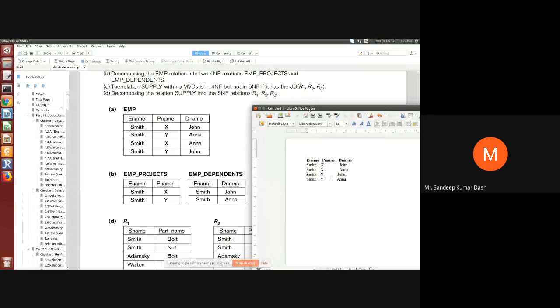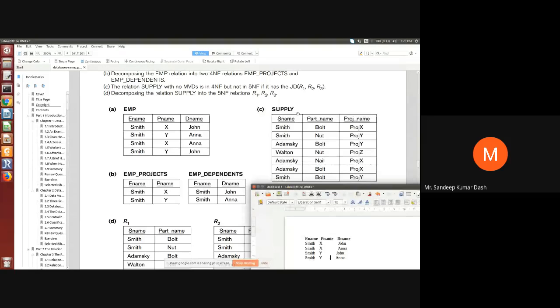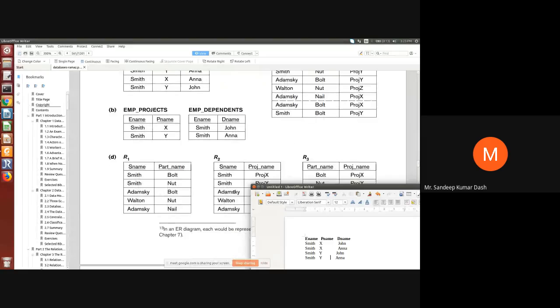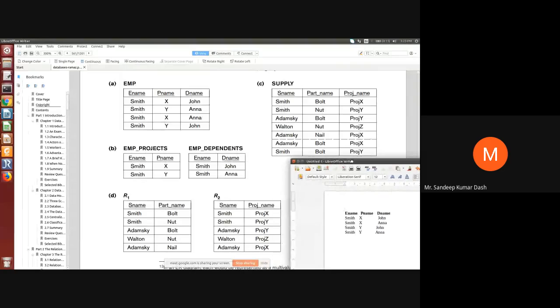But if you consider this supply table, where there are the same three columns, Sname, part name, and project name. Suppose I divide it into two different tables. One is Sname with part name, another one is Sname with project name. Then you see whether any additional row will come or not. Are you getting what I am trying to say?